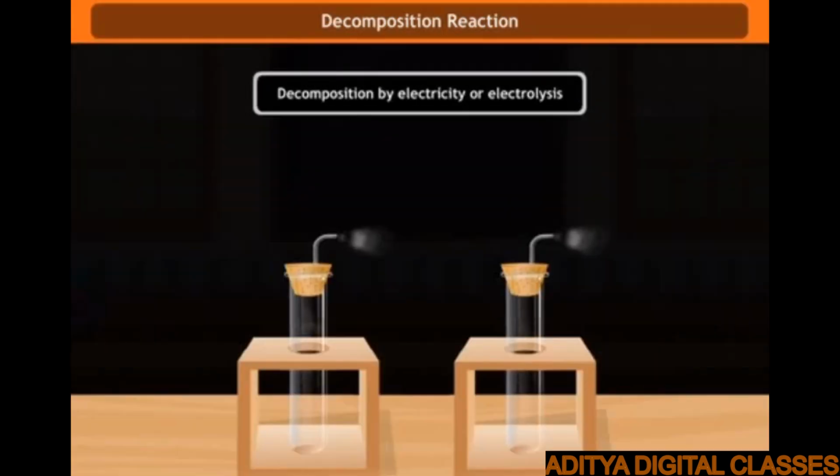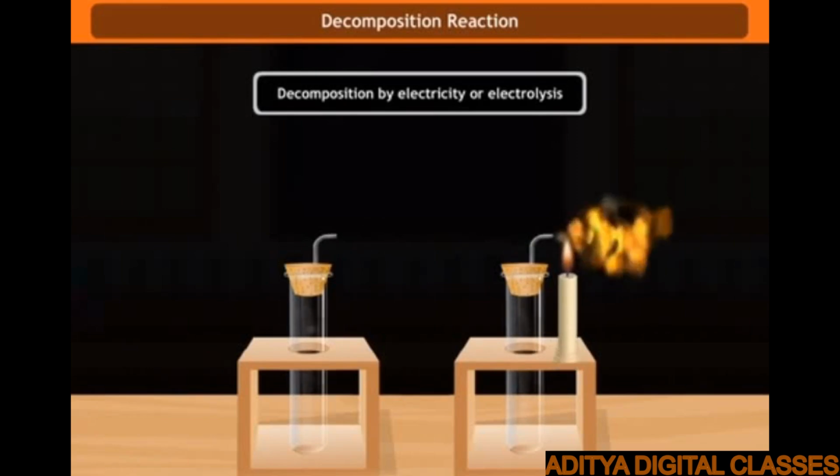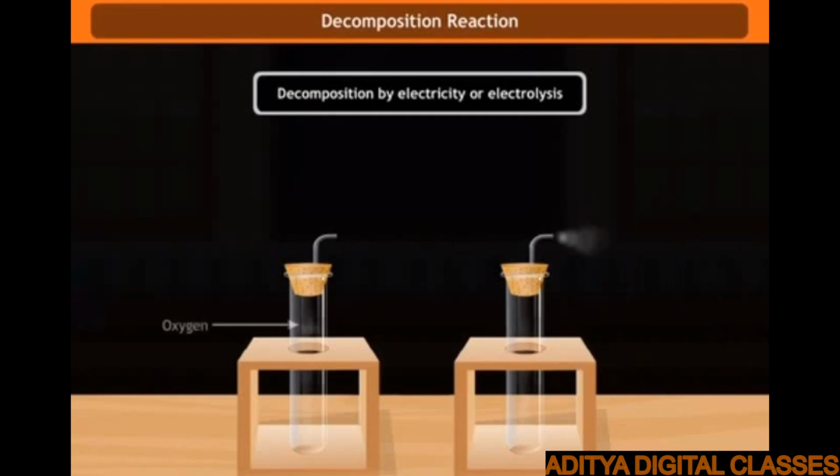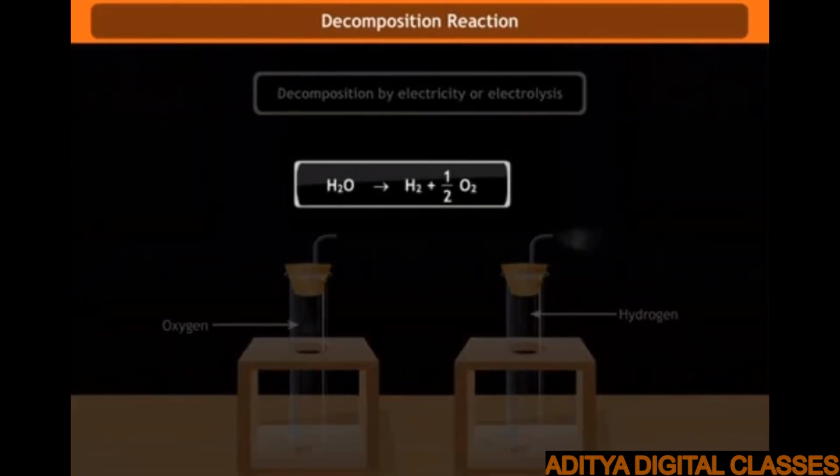Test the gases one by one by bringing a burning candle close to the mouth of the test tubes. One tube helps the burning of the candle while the other tube burns with a blast. From this activity we can say that one tube contains oxygen and the other contains hydrogen. Thus we can conclude that water is decomposed by electricity into hydrogen and oxygen gas.